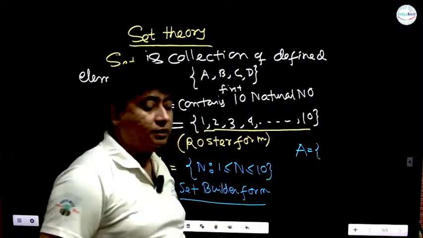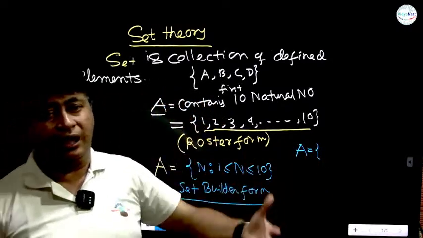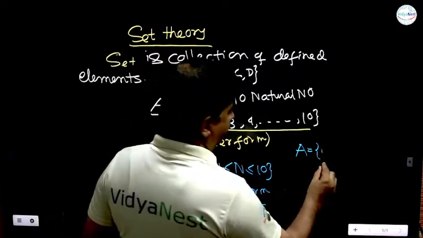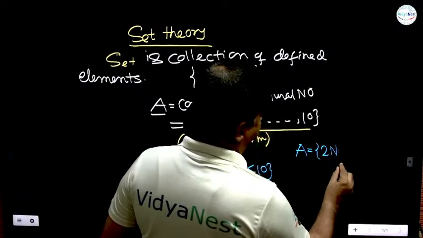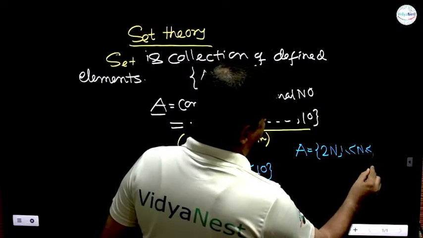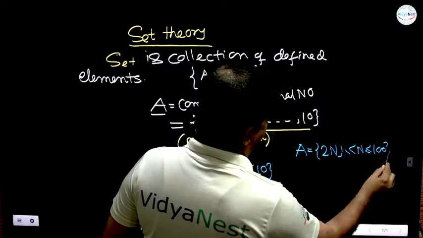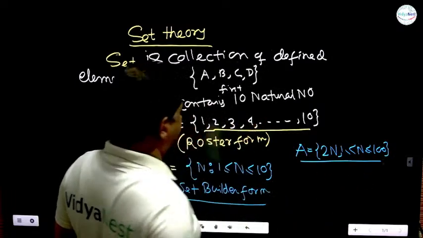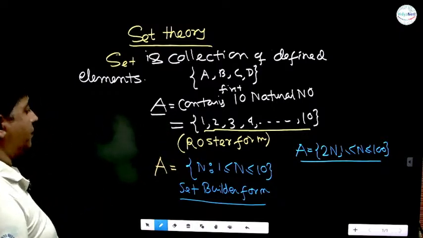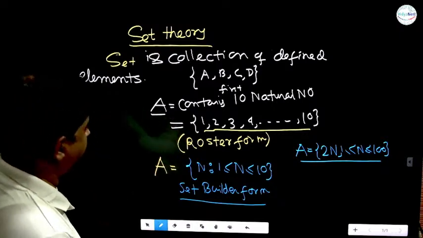Instead of taking the numbers as 2, 4, 6, 8, all these numbers, you can write it symbolically: 2n, where n starts from 1 and ends at 100. So that is set builder form. Okay, so that is the basic of set.